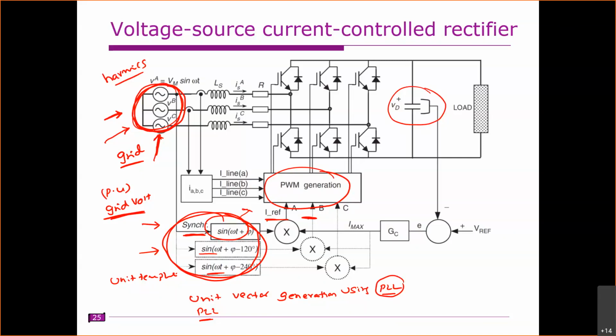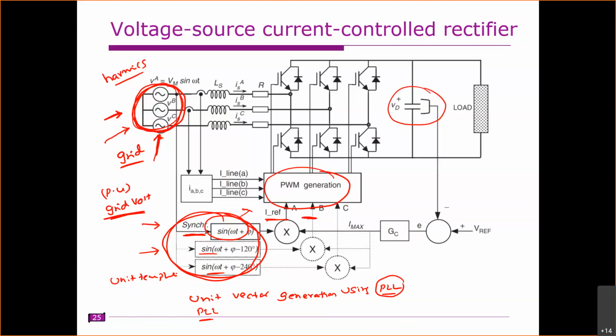Ideally that phase error is 0, so that there will be a perfect synchronization between the input and output of the PLL. When you are connecting to a grid, obviously your converter needs to be synchronized for real and reactive power flow.